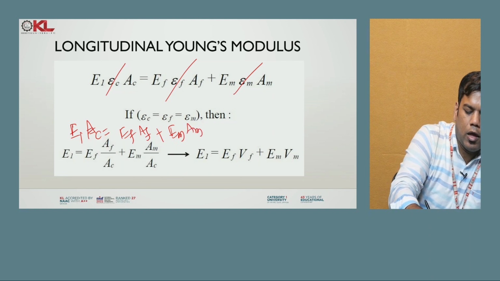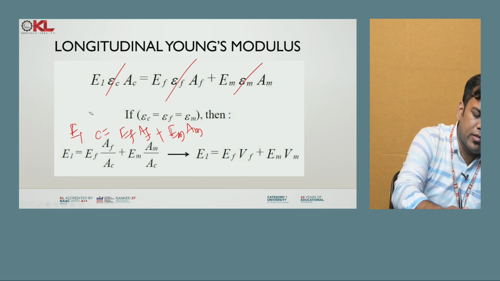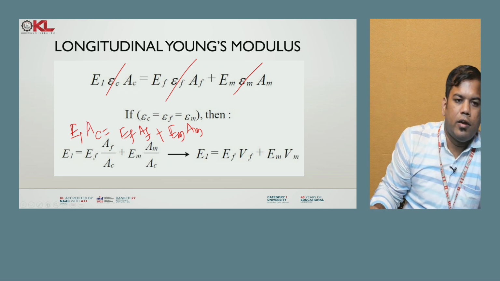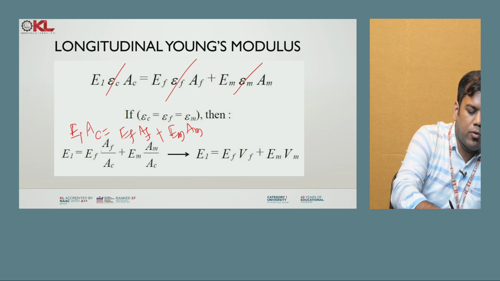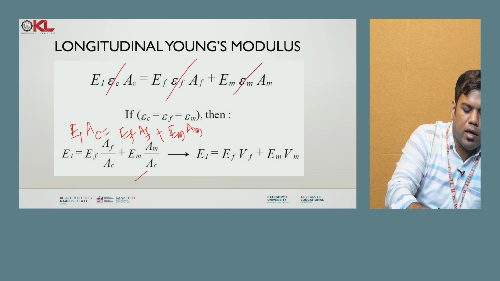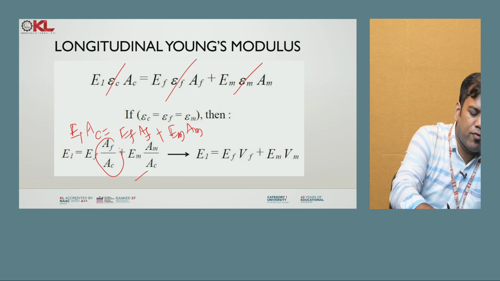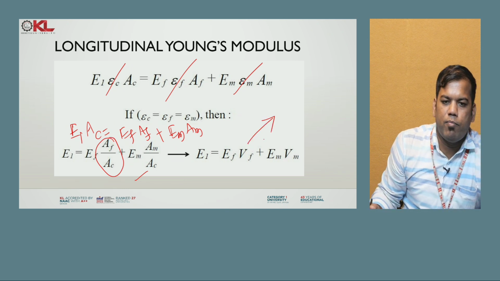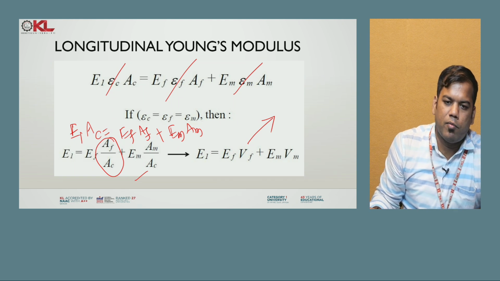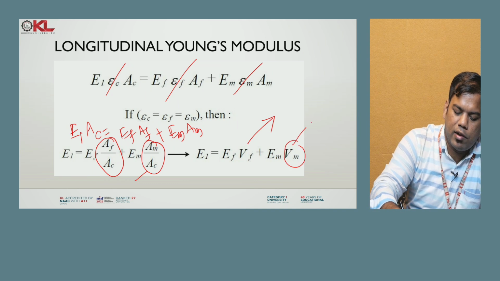Now divide this equation by Ac, and we get E1 equal to Ef Af by Ac plus Em Am by Ac. We know that Af, the area of the fiber, by Ac, the area of the composite, is the fiber volume fraction Vf, and Am by Ac is the matrix volume fraction Vm.